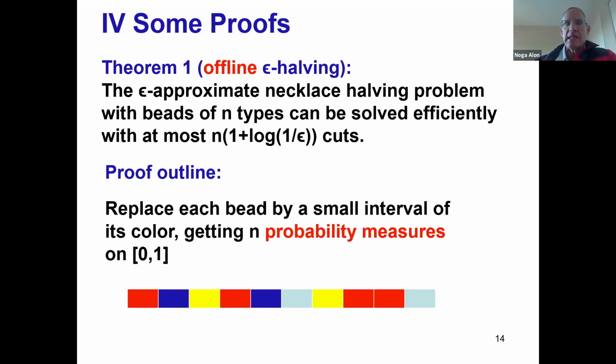We first replace each bead by a small interval of its color, getting n probability measures on [0, 1]. As you see in the picture here, you have this red probability measure, and we have the yellow and the blue probability measure. We have n of them.